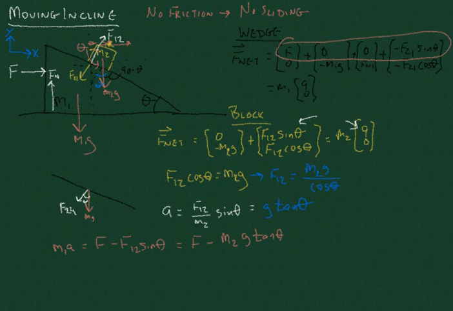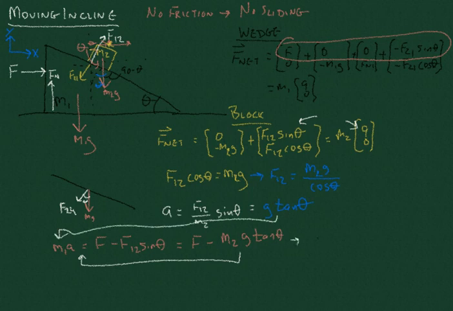Okay, so now we can move this term over to the other side. We can plug in a. So we see that m1 plus m2 times g tangent of theta is equal to F. And here's our answer to the problem.